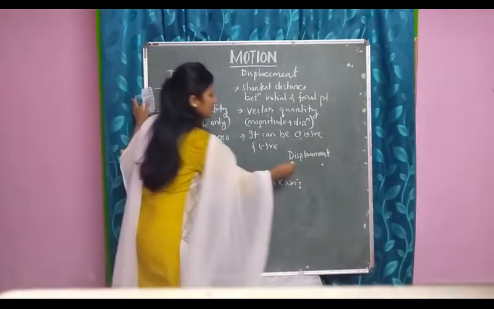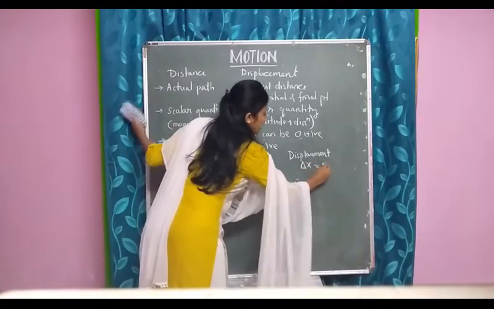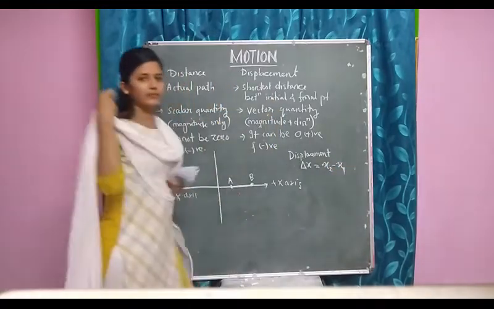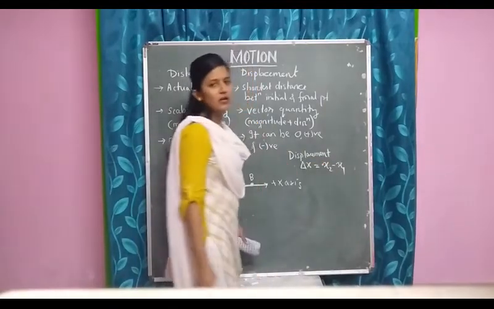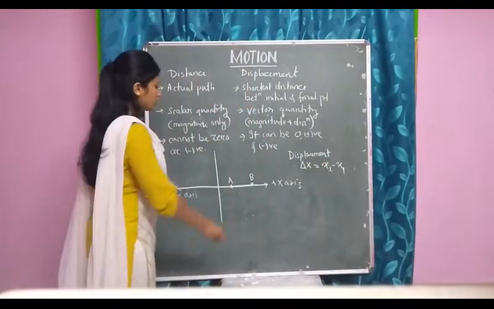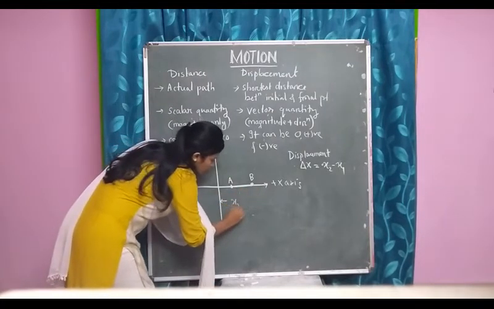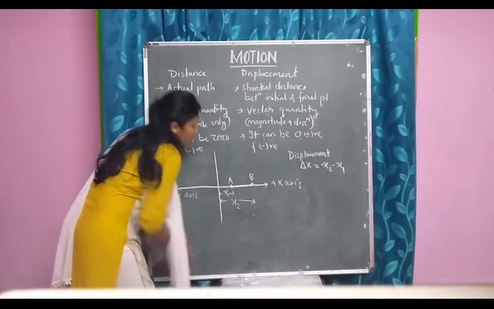I can write del x, which means x2 minus x1. x2 means the final position, x1 means the initial position. So point B is x2 and point A is x1.